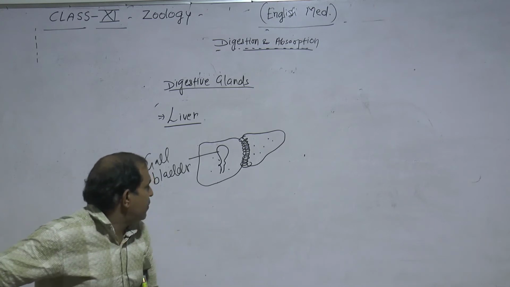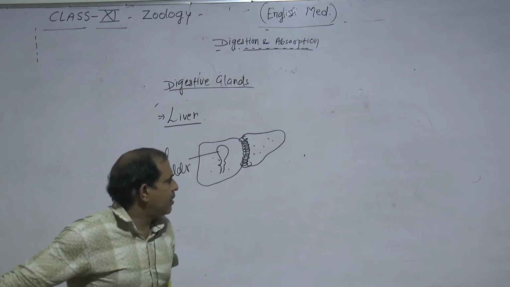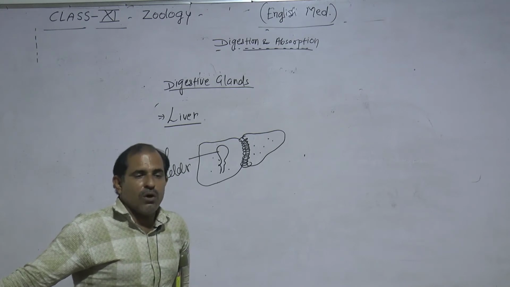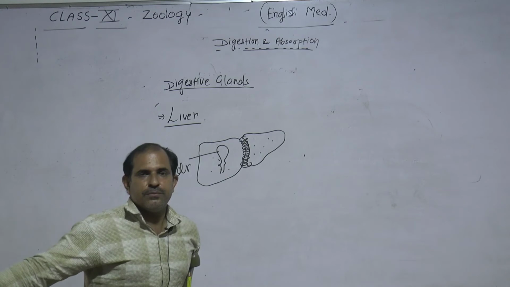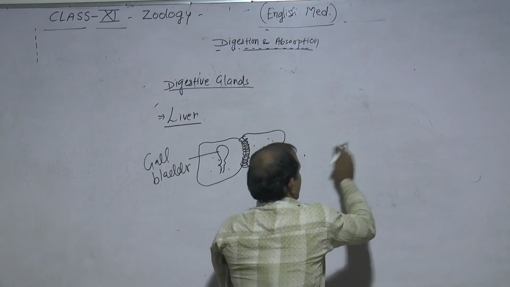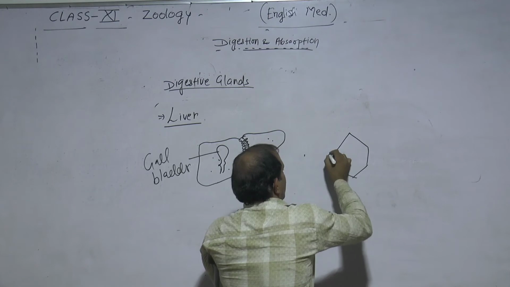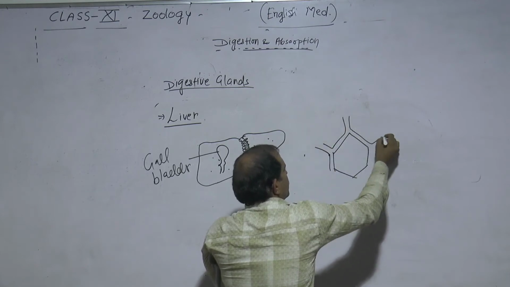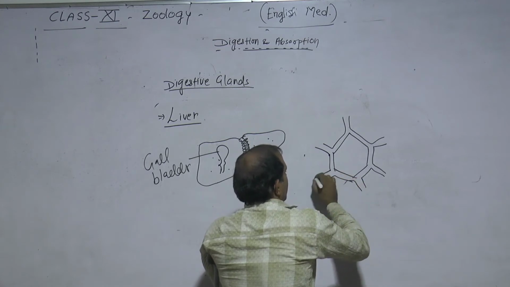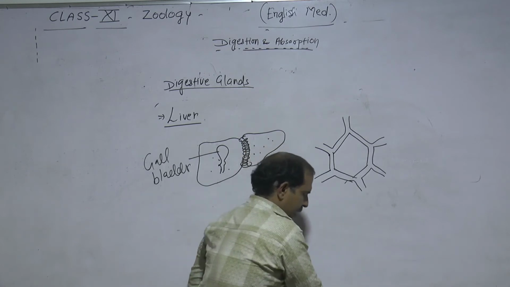Okay, and if we see the internal structure of liver, each lobe of liver is composed of small lobules, and these small lobules are called hepatic lobules.